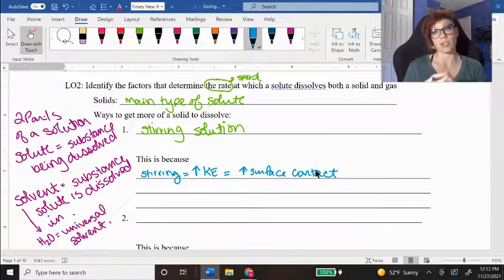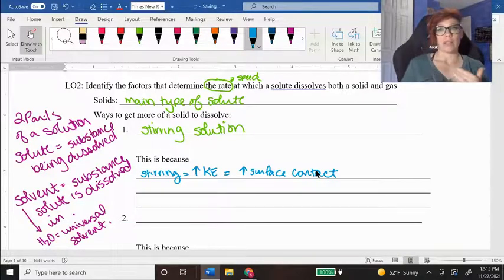It happens at the surface of a solid. So the part of the solid that is coming in contact with the solvent is what is being dissolved. The inside of the solid is not actually being dissolved until you can get the solvent to that point.